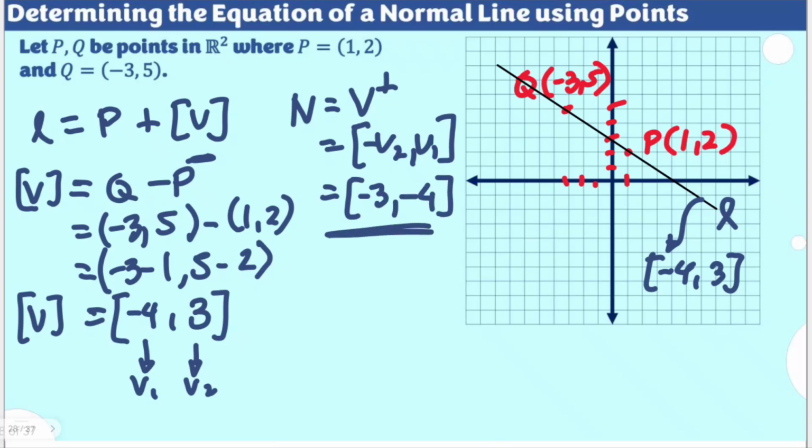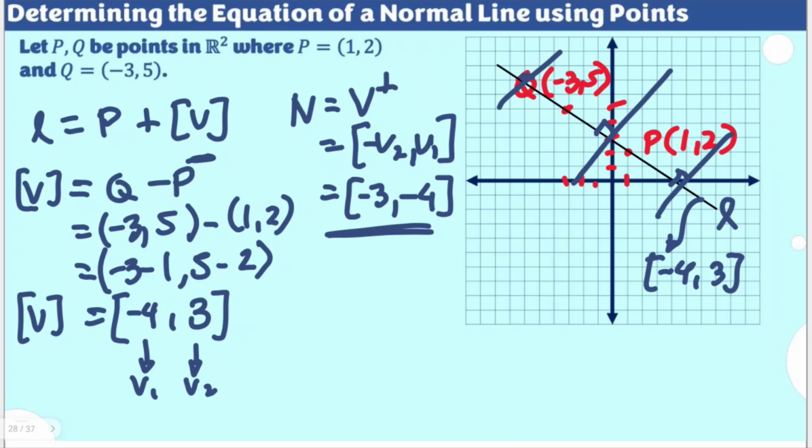This is the normal vector, which is the direction vector of the normal line. So if you draw a perpendicular line at any of the points, they will have the same direction vector, and that's actually [-3, -4].